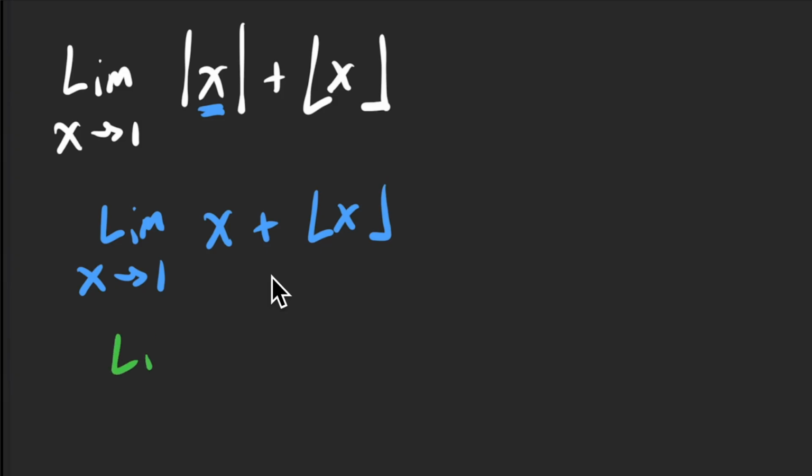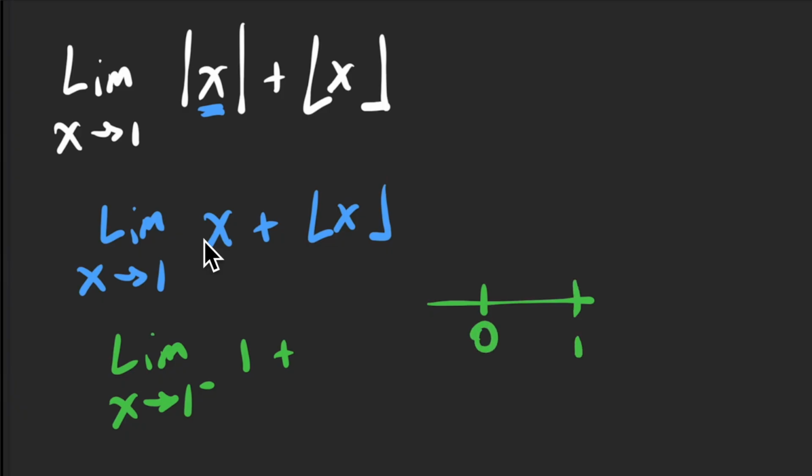So let's just go ahead and go through the motions. Let's first do the limit as x approaches 1 from the left. As x approaches 1 from the left, this is going to still be 1. And as x approaches 1 from the left in terms of the floor function, we're going to have decimals 0.5, 0.6, 0.7. All of them are going to round to 0, so that limit is going to be 1. Next, we're going to do the limit as x approaches 1 from the right.